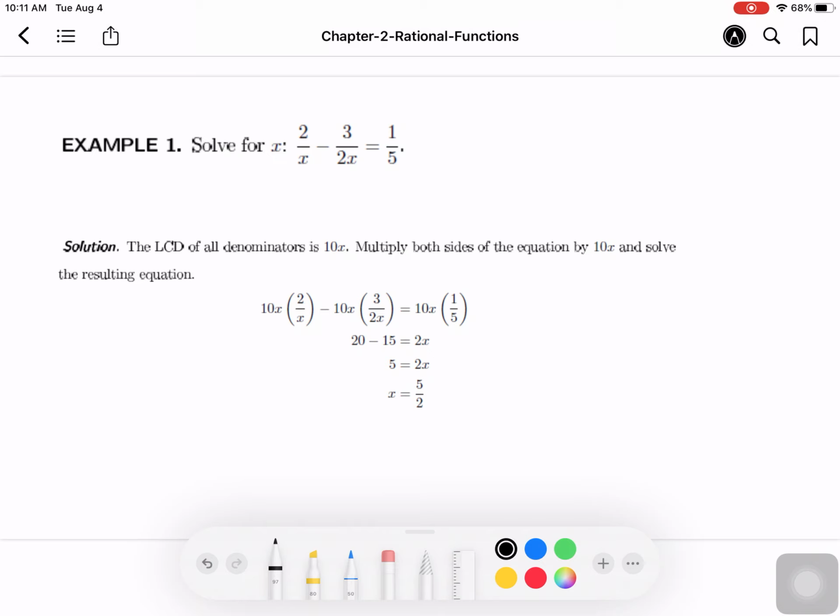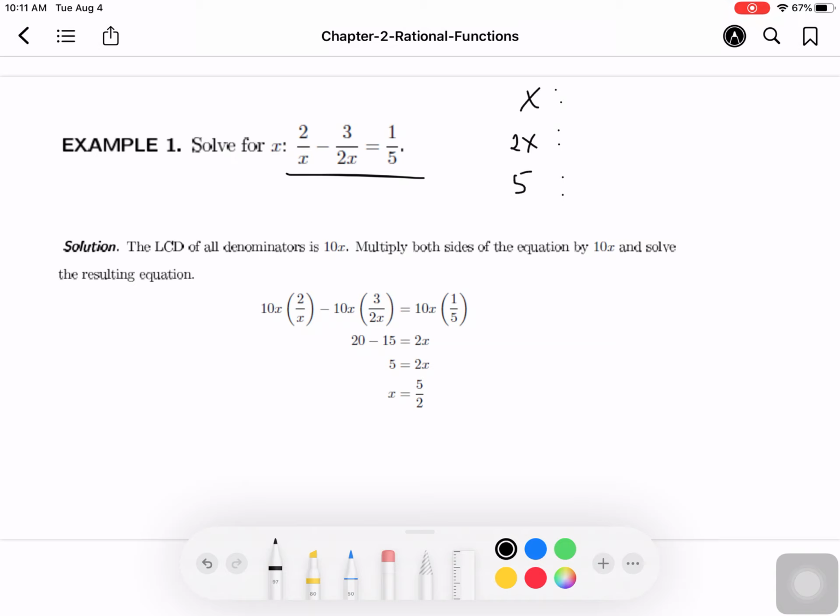Okay, example 1. Solve for x in this equation. If you notice, we have the solution already to minimize the time. So the LCD of all the denominators is 10x. Take note, we have three denominators. We have x, we have 2x, and we have 5.